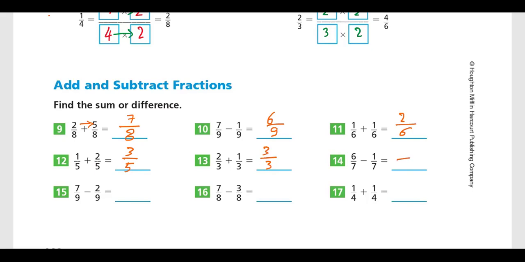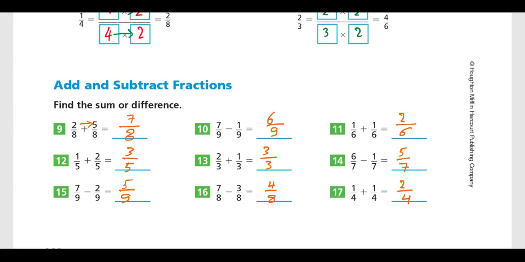Also here, the same denominator, write 7 down, and 6 minus 1 is 5. The same denominator, write 9, and 7 minus 2 is 5. The same denominator is 8, so 7 minus 3 is 4. The same denominator, write 4, and 1 plus 1 is 2.